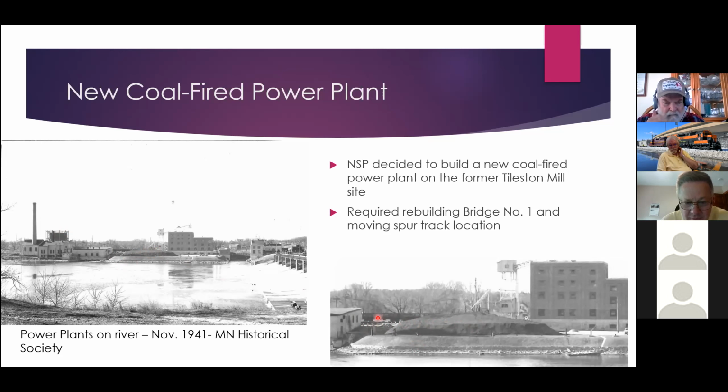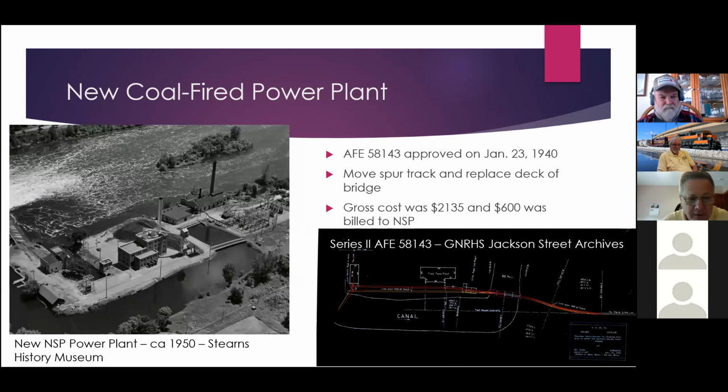When I blow it up even farther, you can see the goat herald. So they were using drop bottom gondolas to bring the coal into the power plant. And here was actually a little unloading area where they could dump the gondolas. So it's like, okay, now there's another source of traffic and another use for gondolas for the plant.